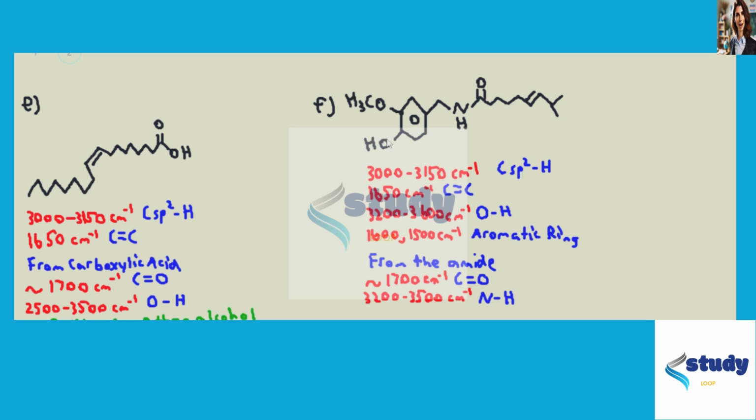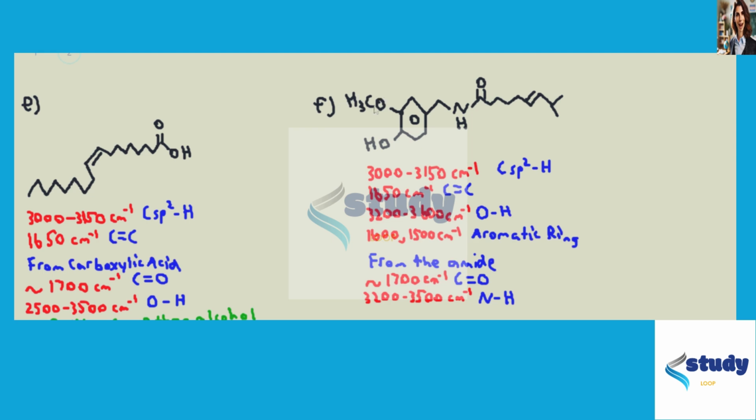The alcohol here, really it's a phenol since this is an aromatic ring, but it's going to show where we would expect an alcohol to show, 3200 to 3600 wave number. And then the aromatic ring itself is going to give us signals at 1500 and 1600 wave numbers.